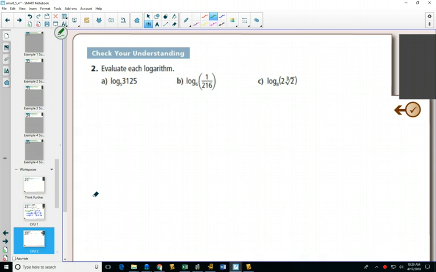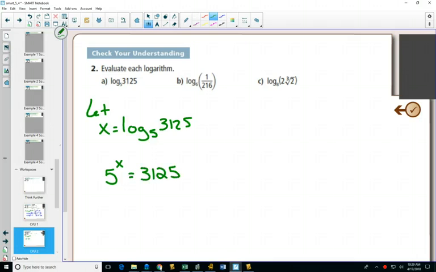We're going to let x equal log 5 of 3,125. And then in exponential form, this means 5 to the x is equal to 3,125. And if we can write both sides as the same base, because that's how we were able to solve for exponential equations up till now, then we'll be able to solve for x without our calculator.